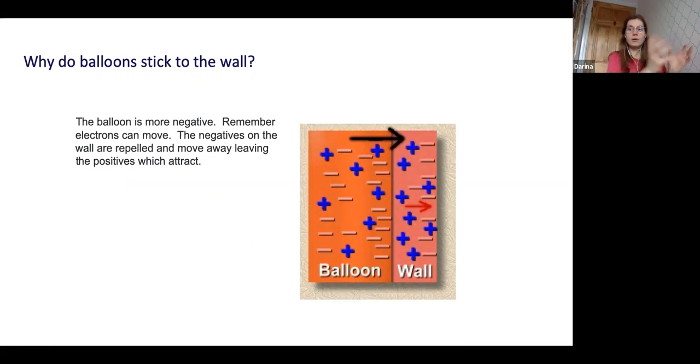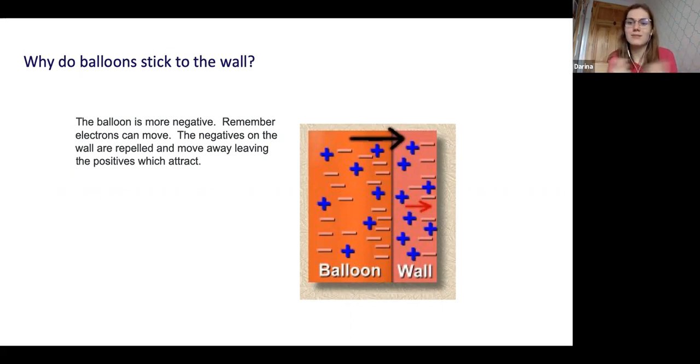So when I bring my balloon to the wall, the electrons in this side of the balloon are repelling any electrons in the wall, and therefore I have what's called an induced charge. I have induced a charge, that means caused a charge in my wall, because I've shoved the electrons away, and now I have an area of positive charge, which means therefore the balloon and the wall attract each other.